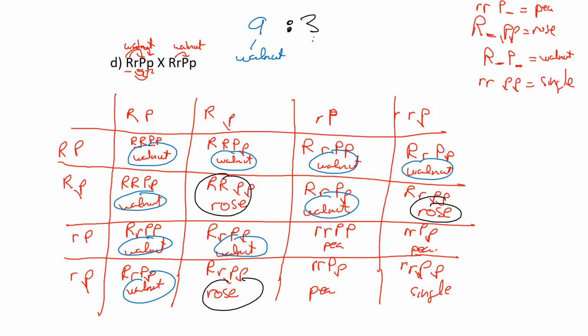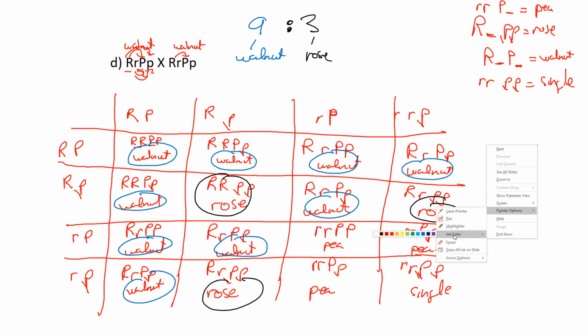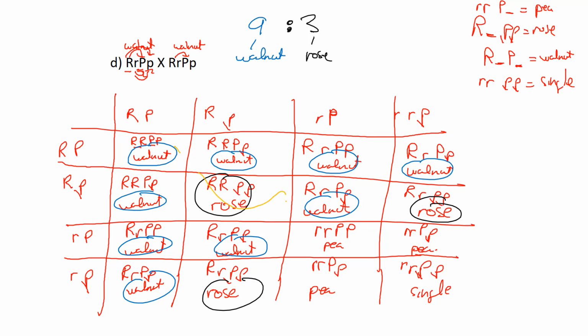So it's going to be 3 rose. And let's go pea color. 1 pea, 2 peas, 3 peas. 3 of these are going to be pea, and the one of them is just going to be this single guy.